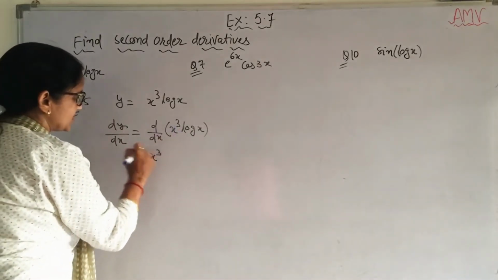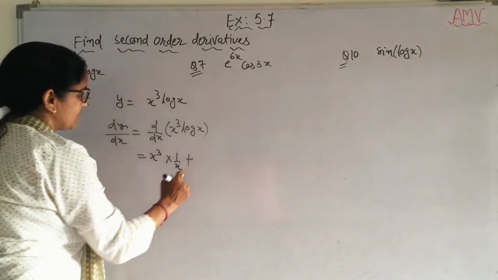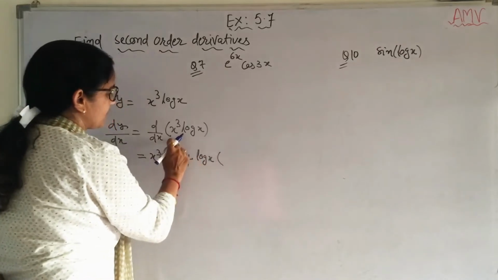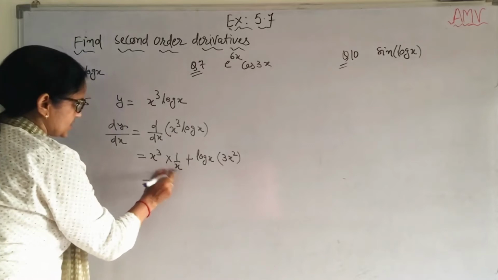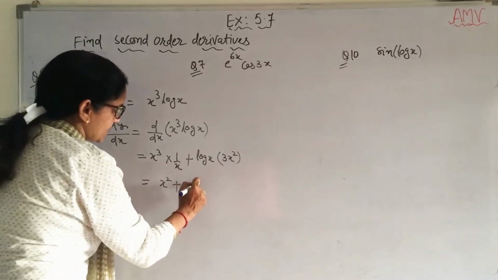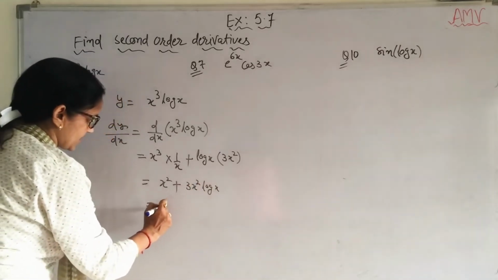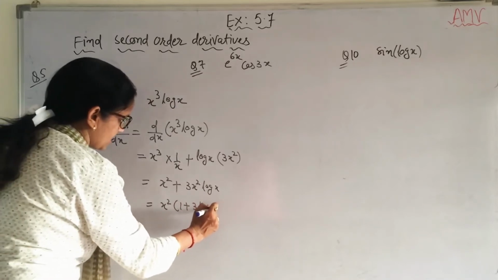First x cube as it is, derivative of log x is 1 by x. Then plus log x as it is, derivative of x cube is 3x square. So here x square plus 3x square log x. You can write x square times (1 plus 3 log x).